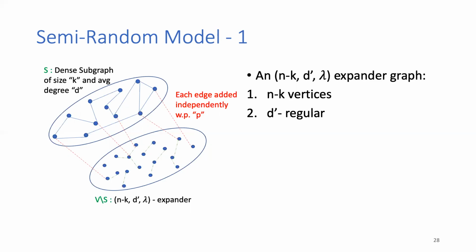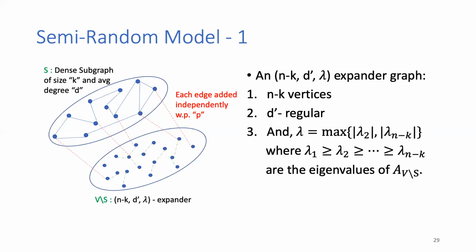It is d prime regular, and lambda is defined based on the eigenvalues of the adjacency matrix of this subgraph: it is the maximum of the modulus of lambda 2 and the modulus of lambda n minus k. Qualitatively you can think of it as a sparse, well connected graph, but essentially a sparse graph.